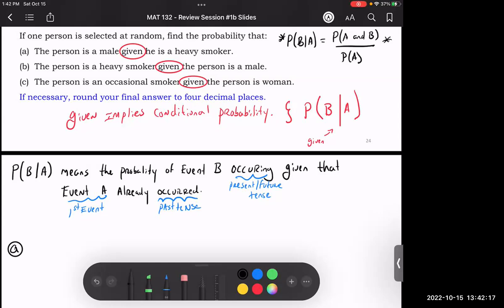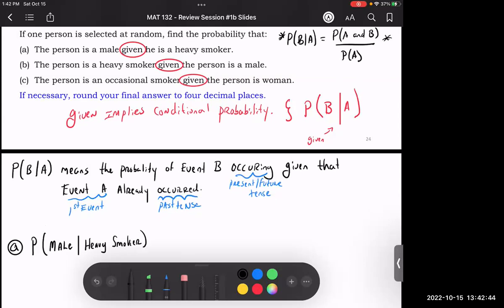The part where it says the person is a male, is that the first event or second event? The second. It's the second event. So for notation purposes, we're computing the probability of male given that the person is a heavy smoker.